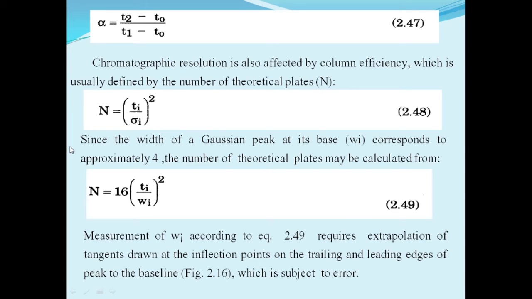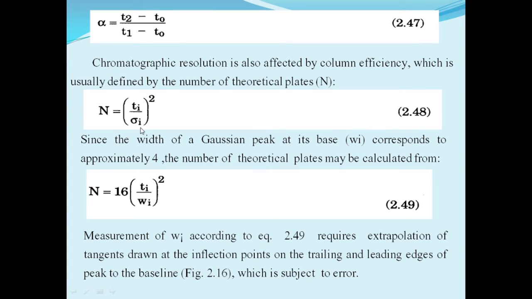Since the width of a Gaussian peak at its base, Wi, corresponds to approximately 4 sigma, the number of theoretical plates may be calculated from N is equal to 16 into Ti upon Wi square.